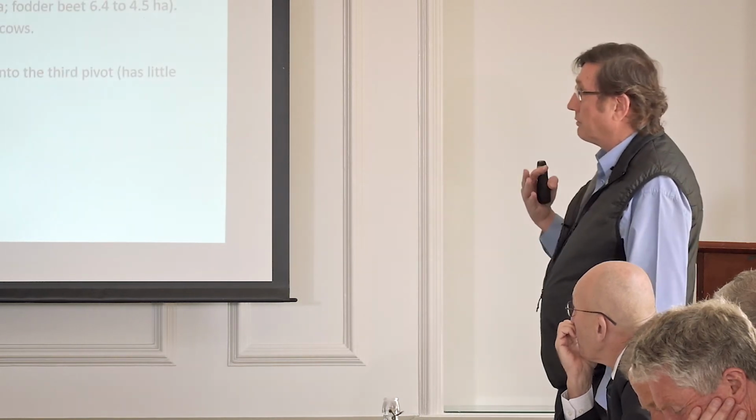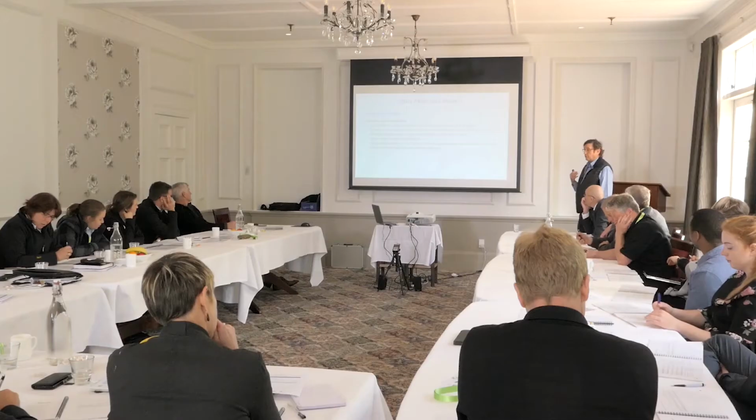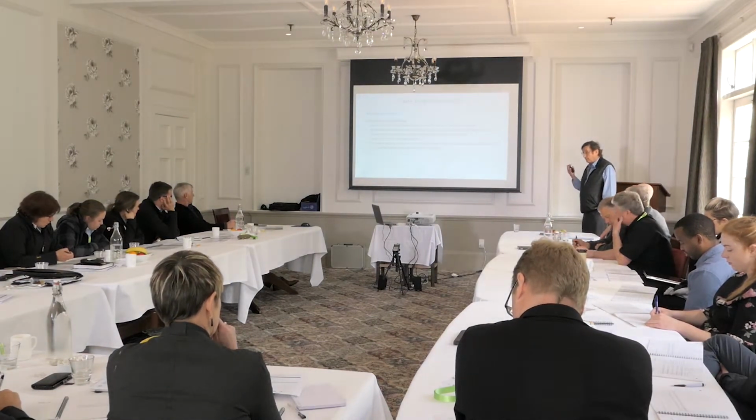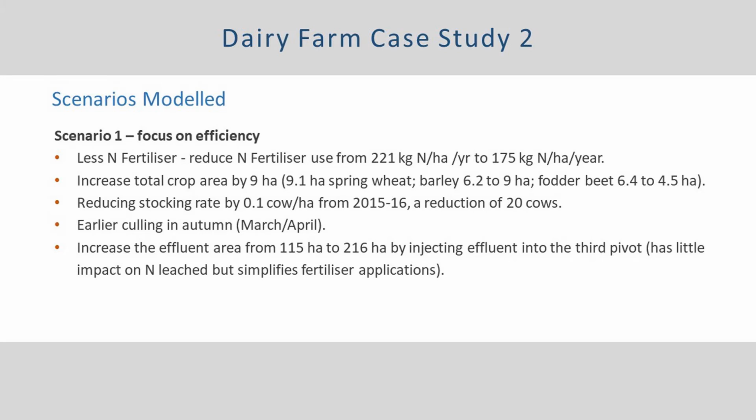There are only two scenarios modelled in this case. The first one was a number of factors looking at trying to improve the efficiency of the farm. So drop the nitrogen a little bit, increase the cropping area by 9 hectares.